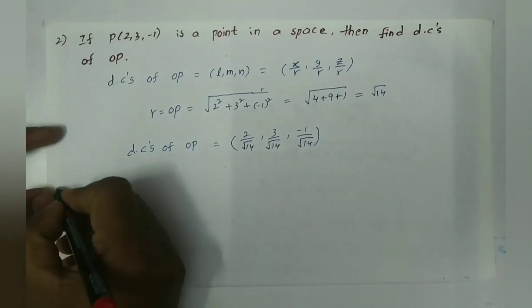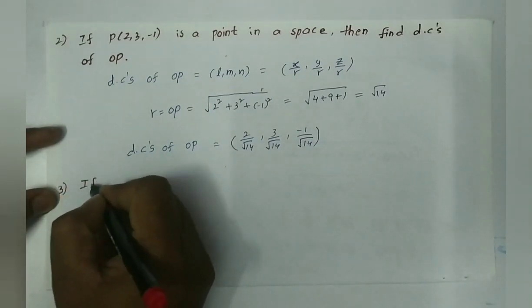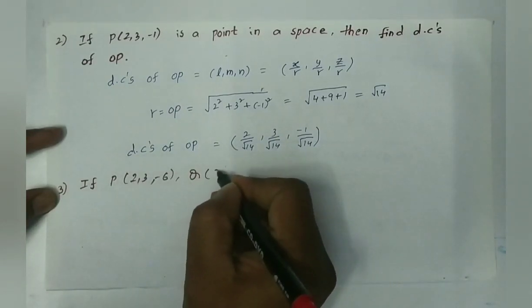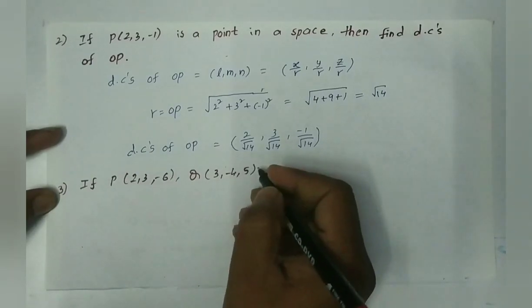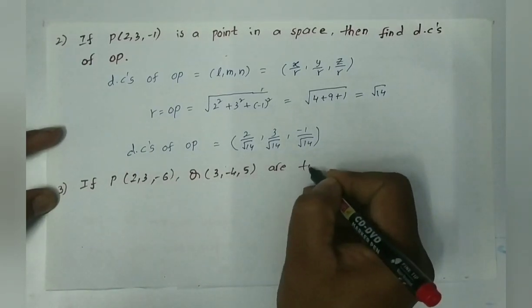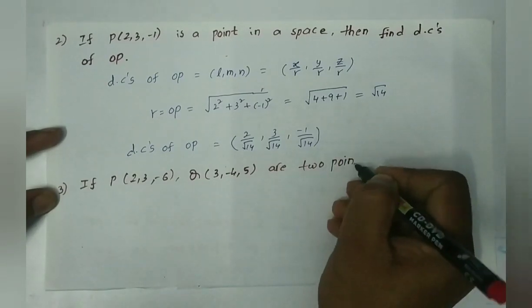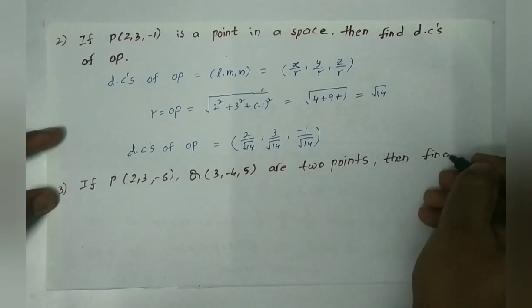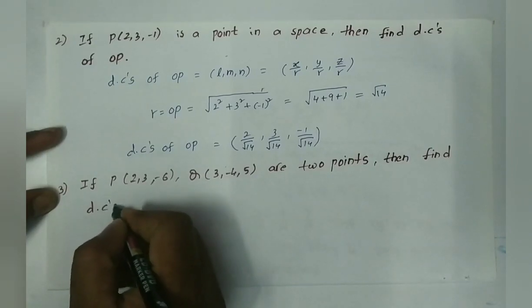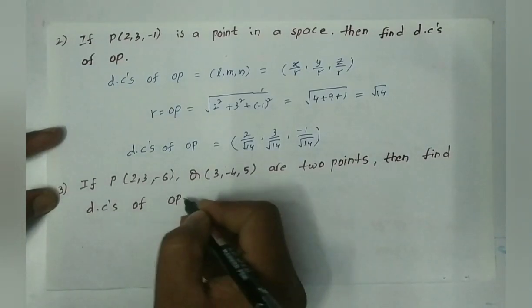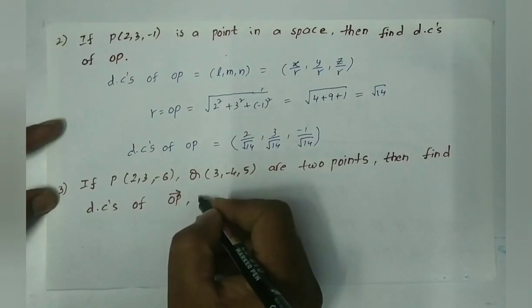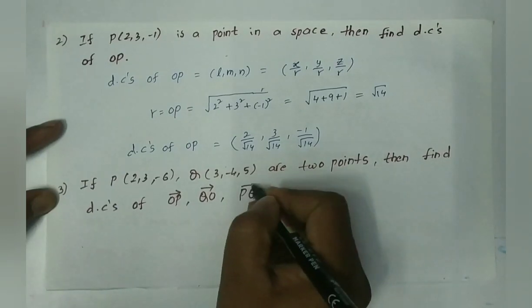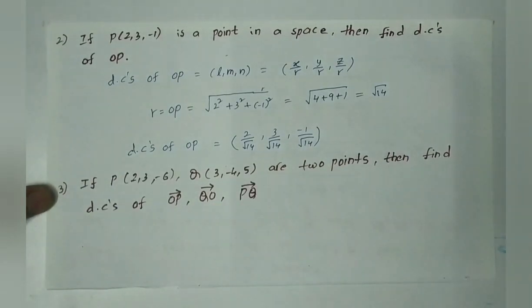Next, let us see the third problem. If P(2, 3, minus 6) and Q(3, minus 4, minus 5) are two points, then find the direction cosines of OP, QO, PQ, where O is the origin.